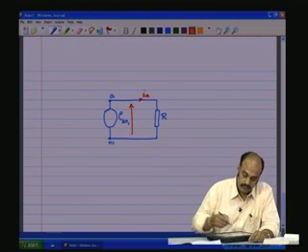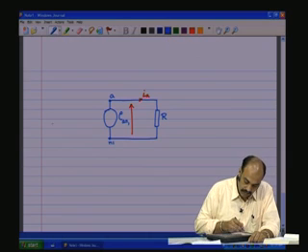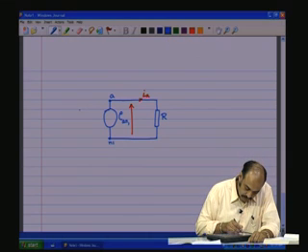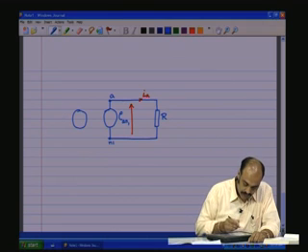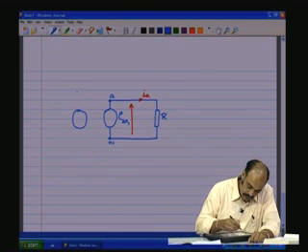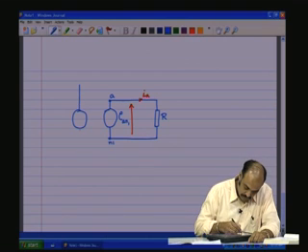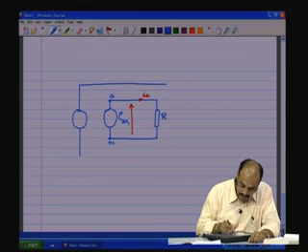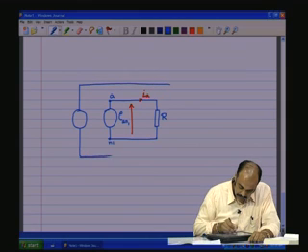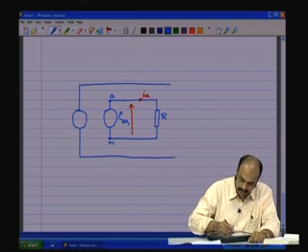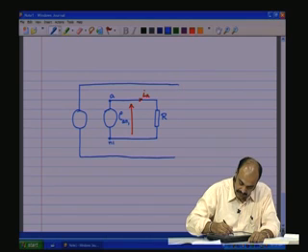Now, I will put one more source and connect it in this fashion. Electrically, they do not have anything in common, except that I am putting one within the other.